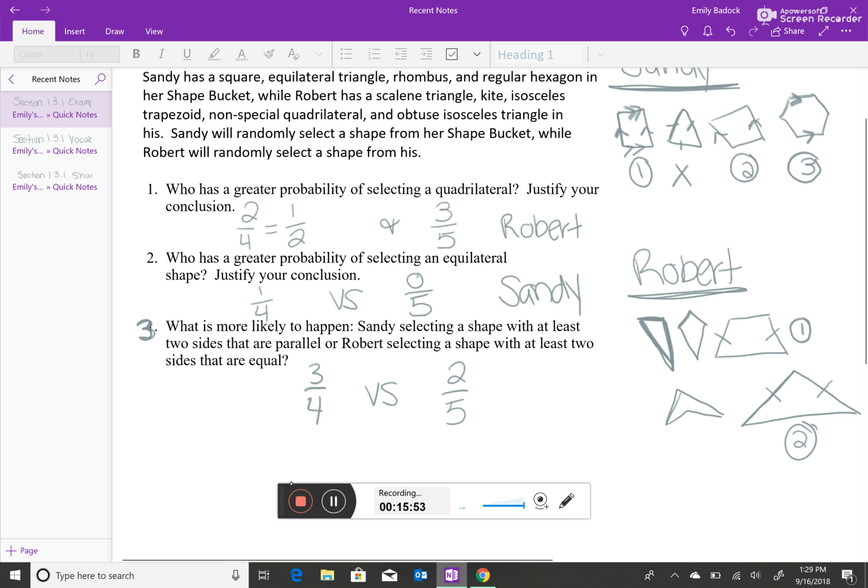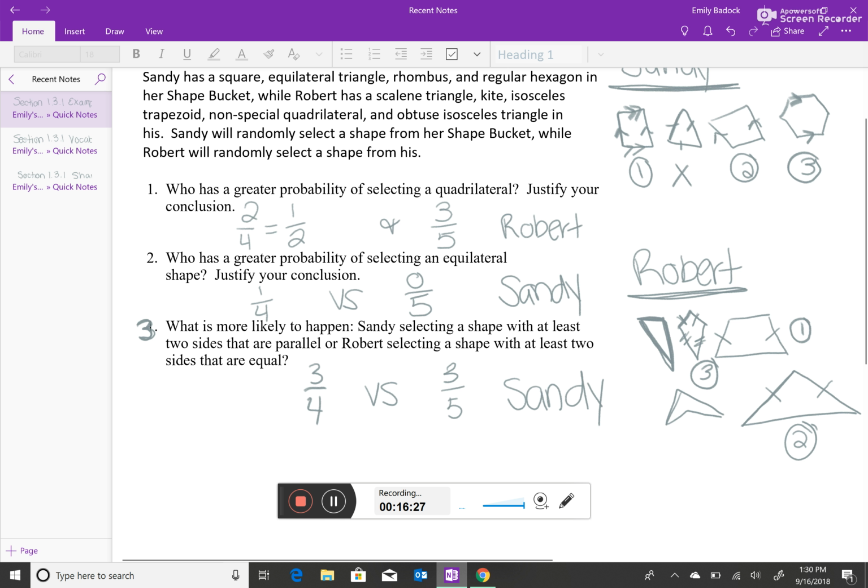The kite actually, let me revert back. The kite, based on the definition of a kite, actually has those sides that are equal. The top part are always equal and the bottom part is always equal. I apologize for that, but that is always stated. That is just the definition of a kite shape. So he is sitting at a 3 out of 5, but it does not matter because 3/4 is much better than 3/5. So Sandy is still going to win that one.